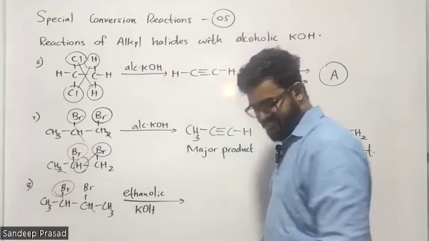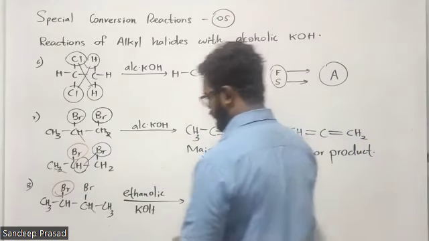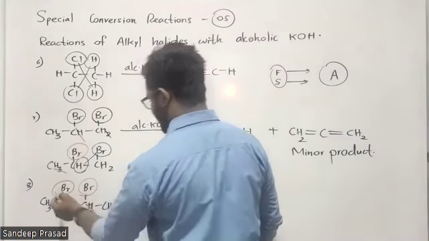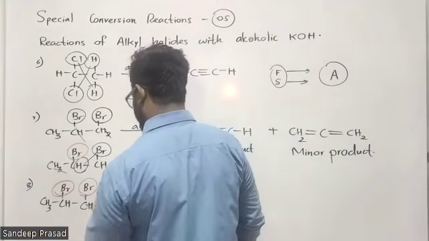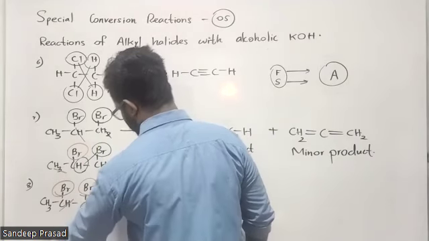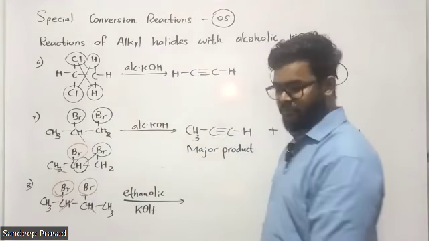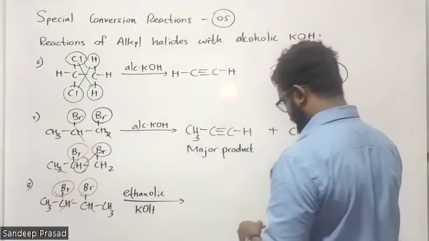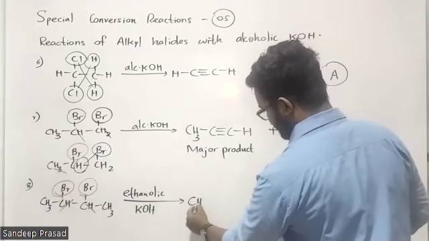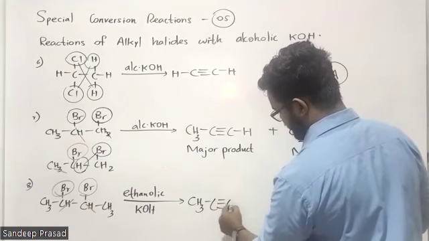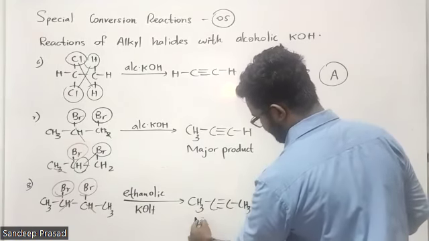In the same way, here also we have a bromine atom, so 2 neighboring carbon atoms are there. According to the Zaitsev rule, hydrogen should be eliminated from the carbon atom that is connected to the least number of hydrogens. In that manner, we can obtain the major product as this. So this is the major product.